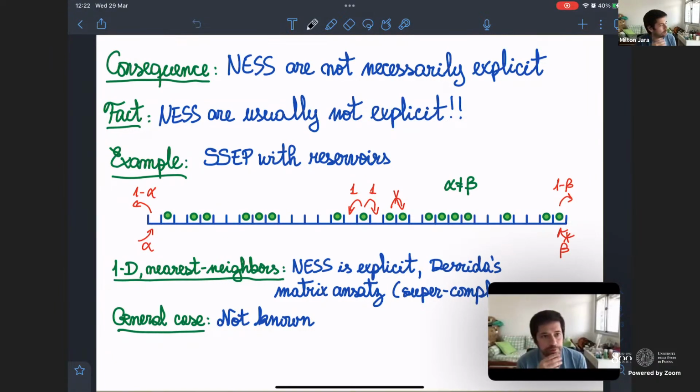In what I wrote here, the internal clock has rate 2 because you have two neighbors at each place, and then when the internal clock rings, the particle tries to jump to one of the neighbors.